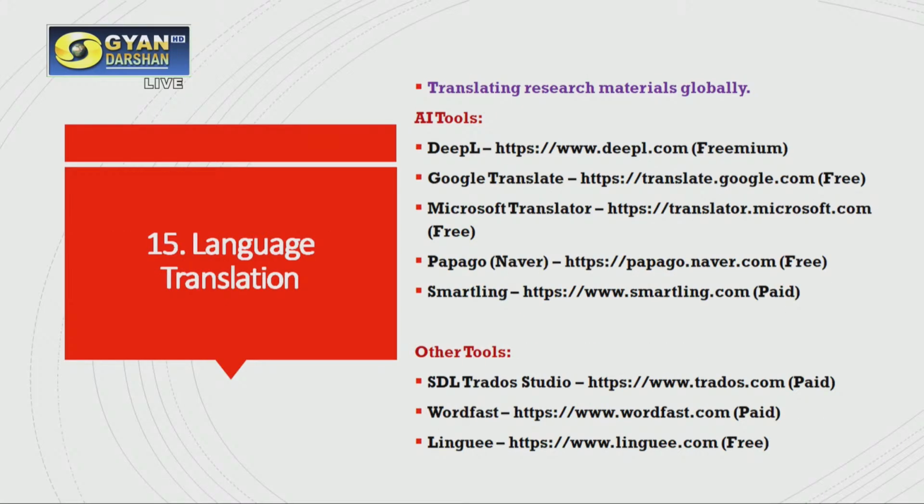All these can be tried. Language correction, translation in most of the tools, like if you see Microsoft Word also, they have the translation facility, but then there are specific software which you can use for translation. Write in one language, and if you want to translate to a different language, some of these tools will, of course, be useful.